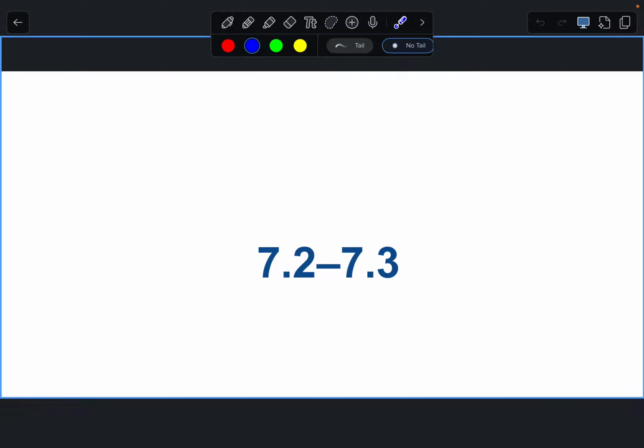Let me start by giving you an overview of what we're doing, why we care about this. So when we look at chemical reactions, obviously we start with some reactants. And the example I thought of most recently was a butane lighter, okay?